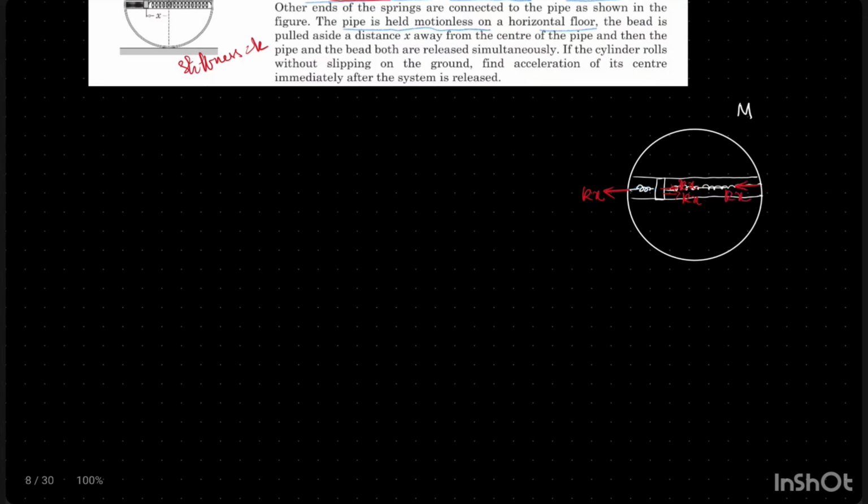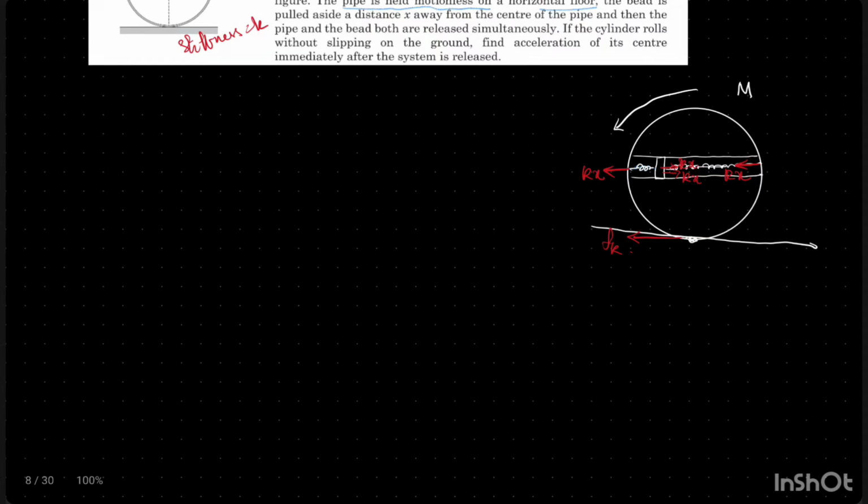And we should not forget that there is a floor too. From here we can say it is rolling in this side, so there will be a frictional force acting to this side. So there will be some frictional force. Let's solve it. First of all, we can write the forces which are acting on the pipe.